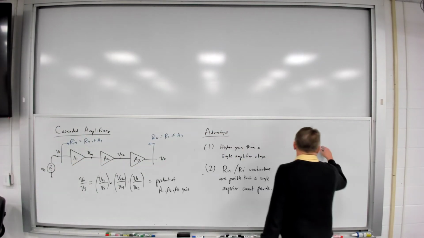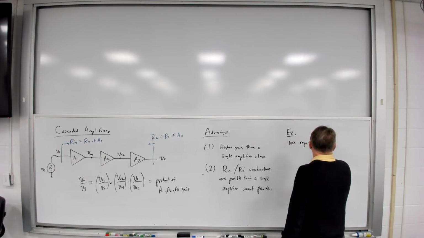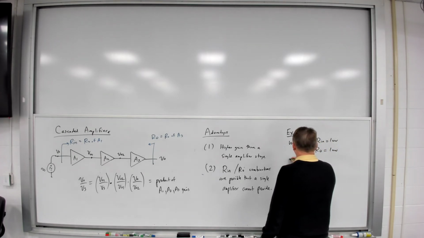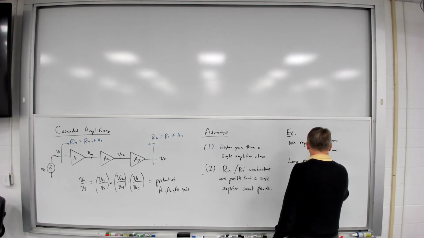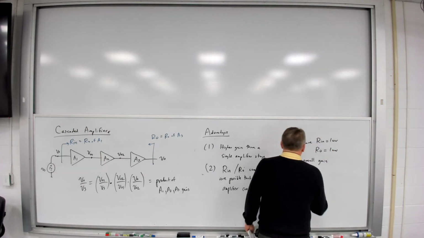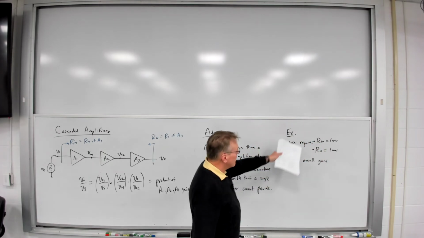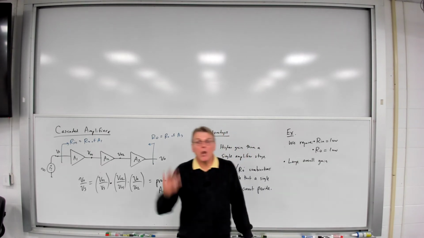For example, let's say I require a low input resistance, a low output resistance, but a large overall gain.